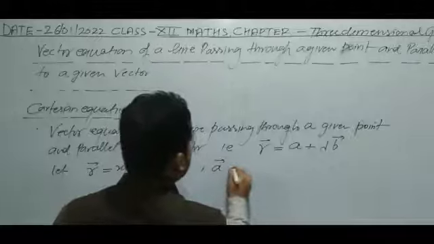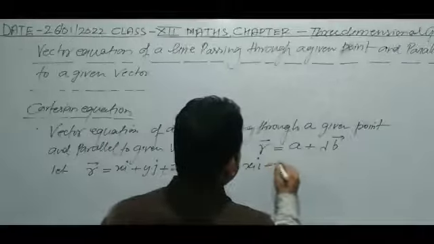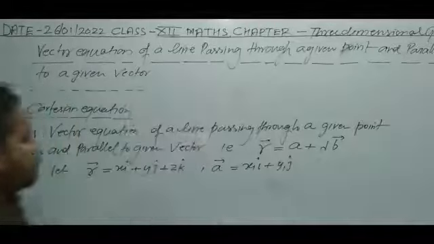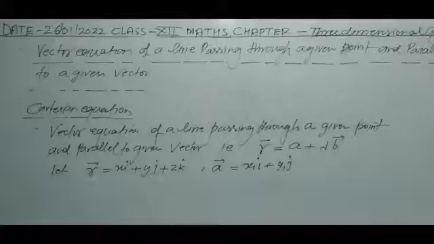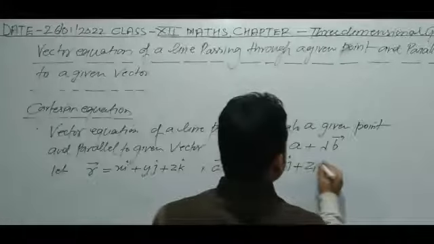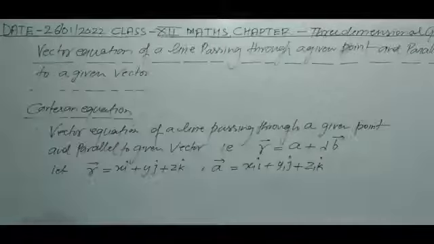Vector A is equal to, this is the passing point, so x1 i plus y1 j plus z1 k. And vector B is given as a parallel vector, so you can suppose it in terms of its direction cosines.